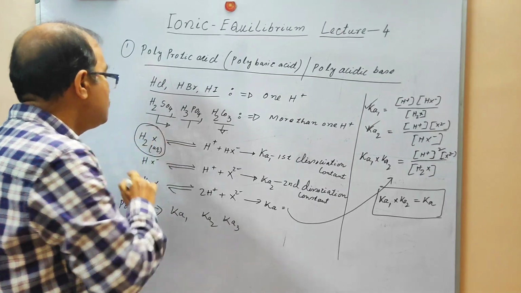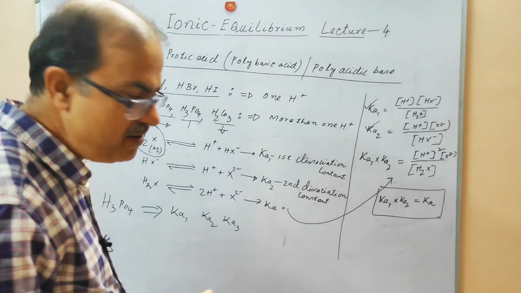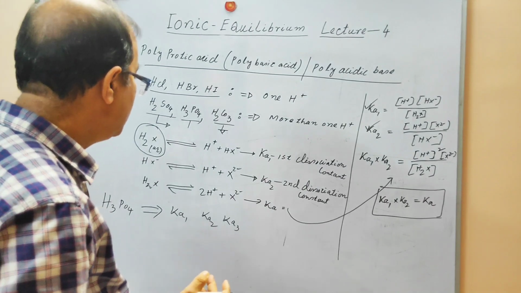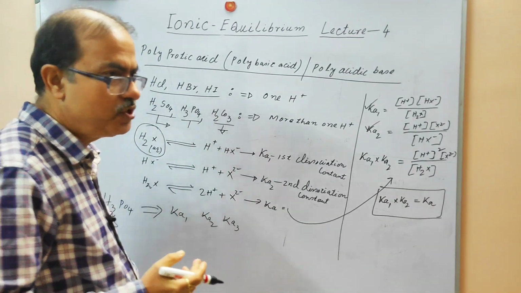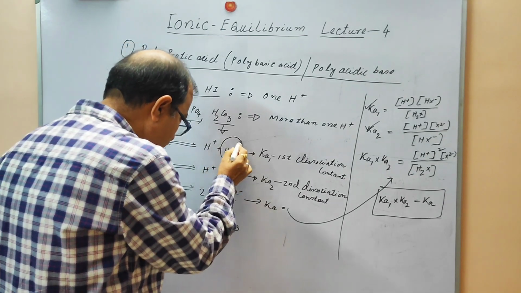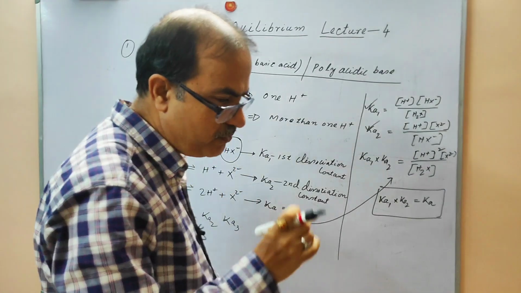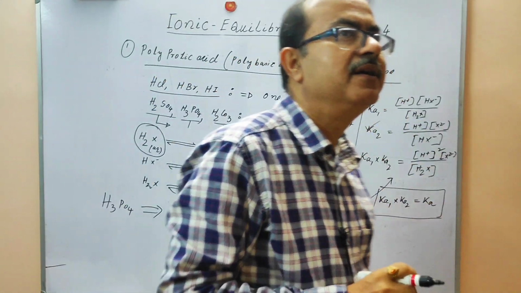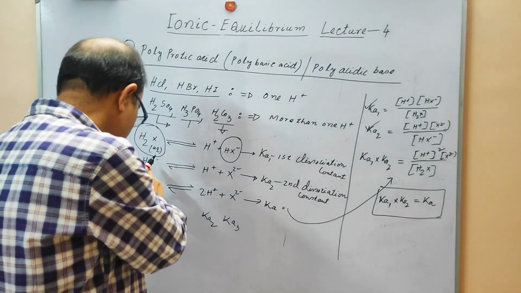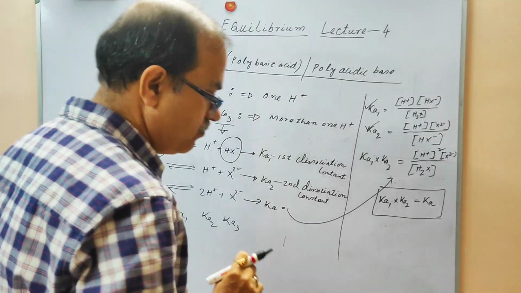This is a neutral molecule, it does not have any charge, so it can easily be dissociated. But when it becomes a negative ion, then when we extract another H plus ion from it, it will create difficulty in removing it.